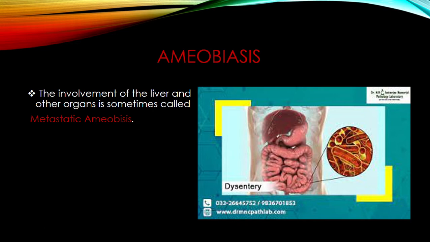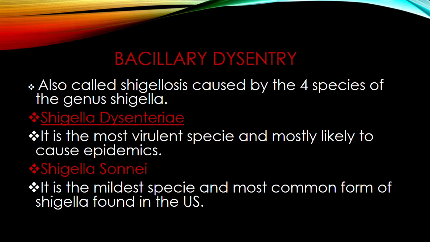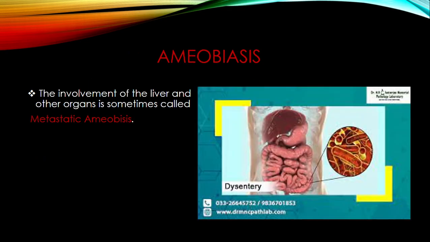So that's it about amoebiasis. Remember that it is caused by Entamoeba histolytica. Then it enters into a human body during its cyst stage. The cyst can be found in water and food which is contaminated with human stool.